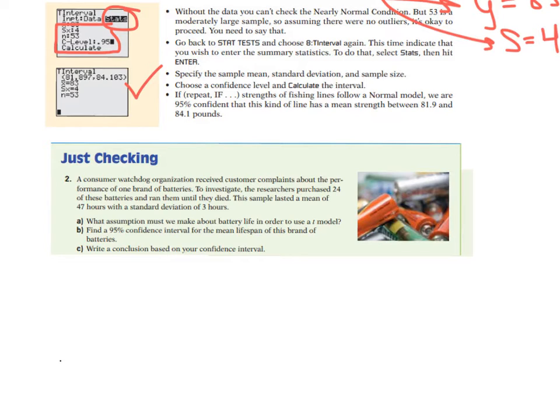So pause the video, try this out for me. Make sure you actually check the assumption based off of what we think this is going to look like, especially with the fact that we have 24 batteries to choose from. Find your confidence interval and then interpret that confidence interval for me, and I'll have it done for you in a second.